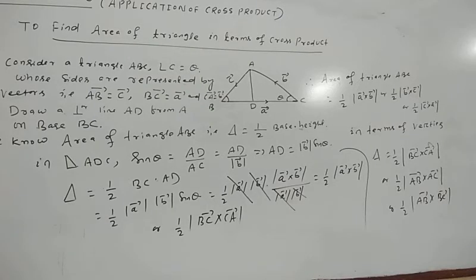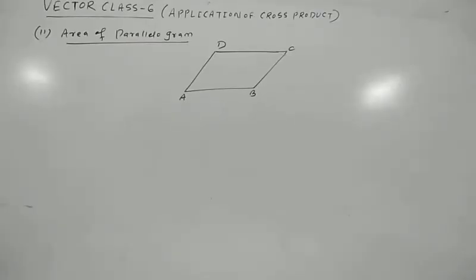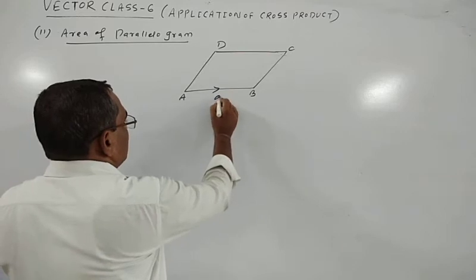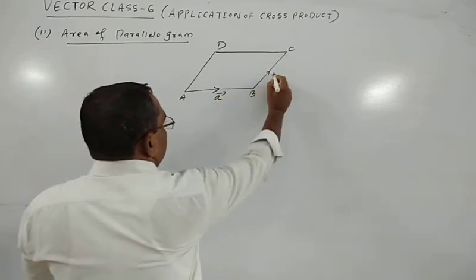Okay. Next, following the area of a triangle in terms of cross product, we find the area of a parallelogram in terms of cross product. So consider a parallelogram ABCD whose adjacent sides are taken by the vectors. Suppose one adjacent side is A vector and the other side is B vector.